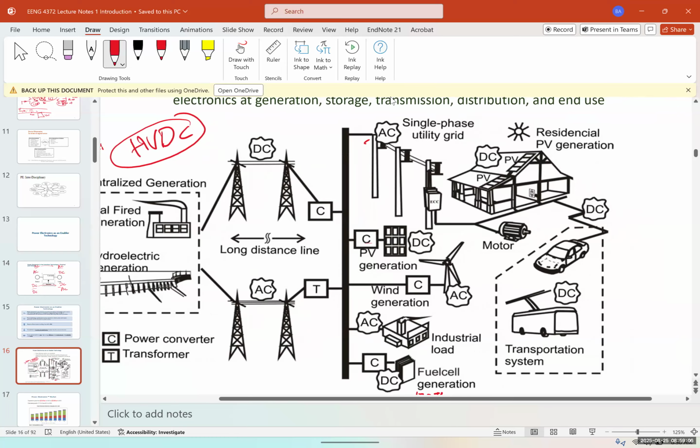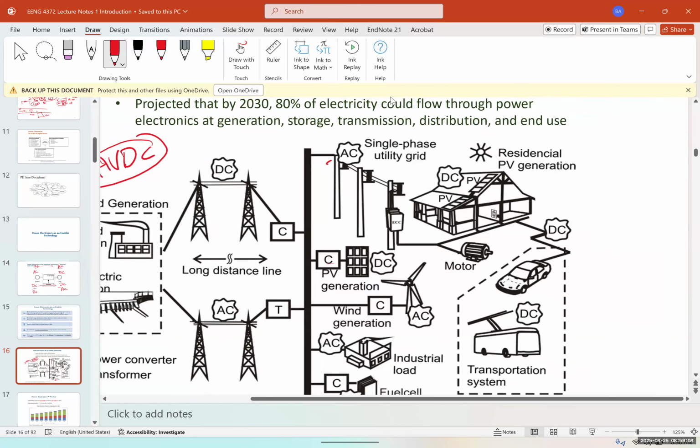And then we have the distribution side. We have the single phase utility grid. Again, all these controllers are usually done with power electronics. We have the residential, if a house is generating PV, it has a photovoltaic and generating solar energy. You have to be able to accurately control the flow of energy.